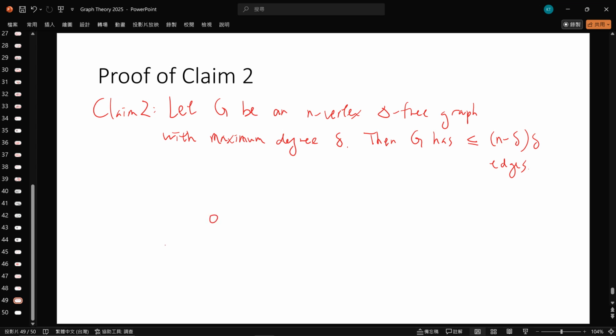So we have a vertex of degree delta, okay? So this means it has delta vertices as its neighbors.